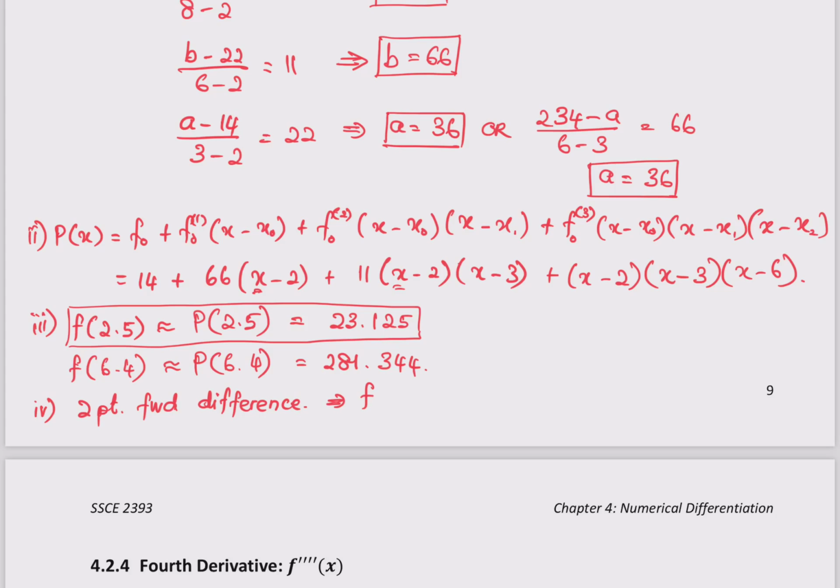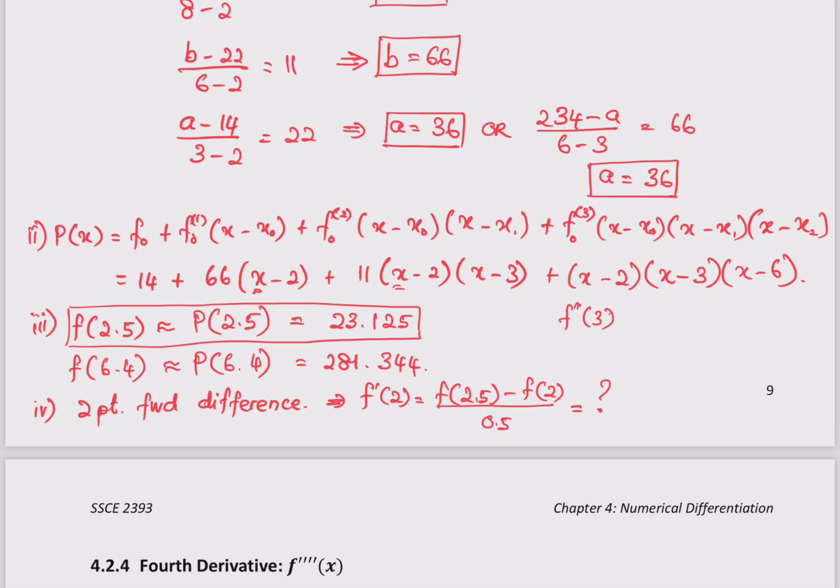This implies that f prime 2 is equal to f 2.5 minus f 2 divided by 0.5, and then you will get the answer. What is the answer? And also the same for the case of the second derivative when x is equal to 3.